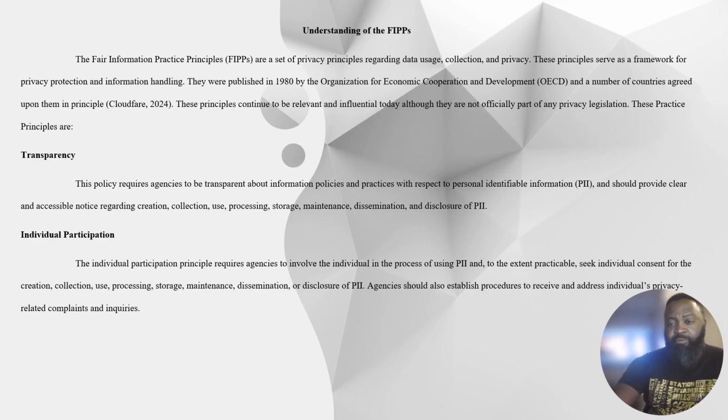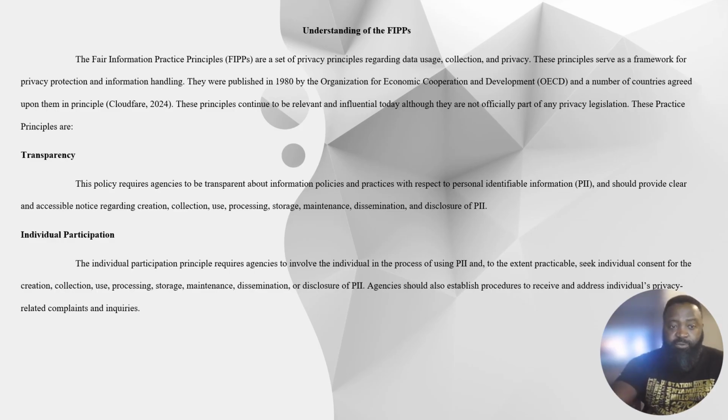That's information such as maybe your social security number, your identity card number. Yeah, that's a personal identifier. And this principle of the FIPPs actually requires an organization or an agency to be transparent about information policies and practices with respect to personally identifiable information.